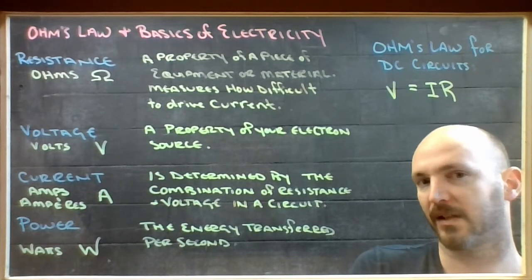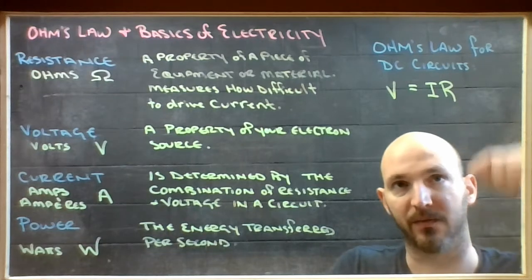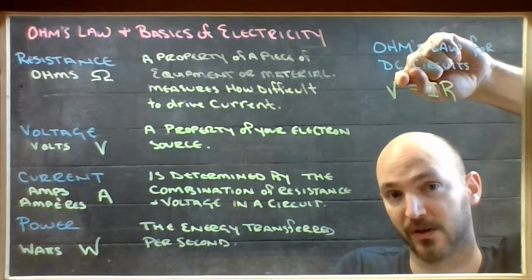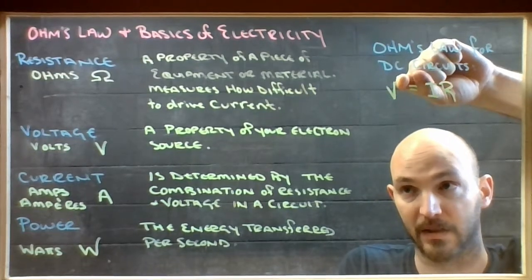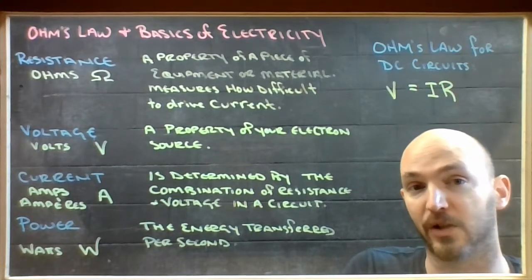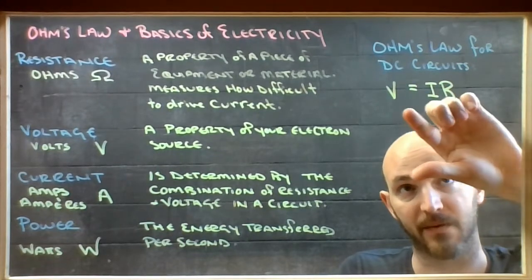So it's not a terribly complicated equation, right? If you know the resistance of the object you're plugging in, and you know the voltage capacity of the electron source that you're using, then you can easily calculate the current that will flow through it by dividing this by this.